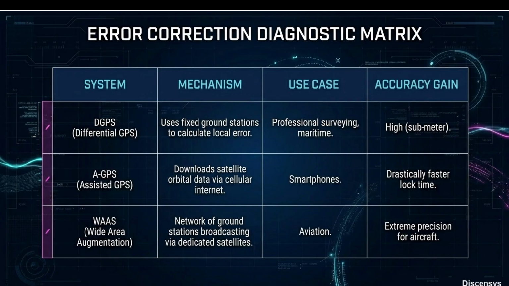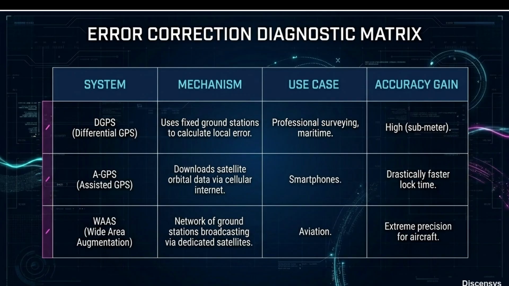Assisted GPS downloads satellite orbital data via cellular internet. So it is going to use the satellite orbital data. And we have the wide area augmentation, which is a network of ground stations broadcasting via dedicated satellites. So there are going to be dedicated satellites for this.